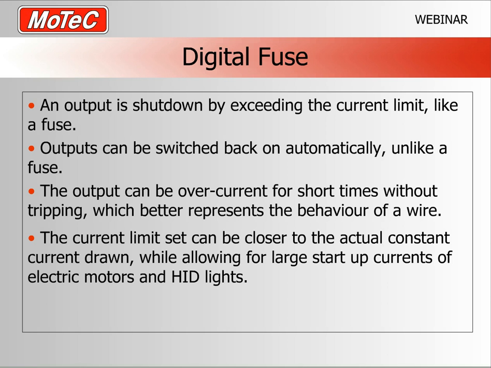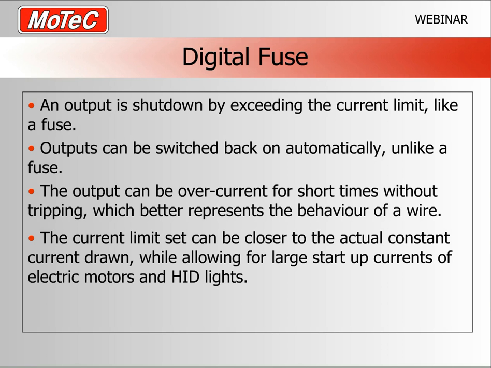So the output of this fuse can therefore tolerate overcurrents for a short amount of time. And again, this is a programmable feature, and that means that we can allow our wiring system to work much closer to its rated levels, if you like, because we can set current limits very close to what the current might be expected to be.